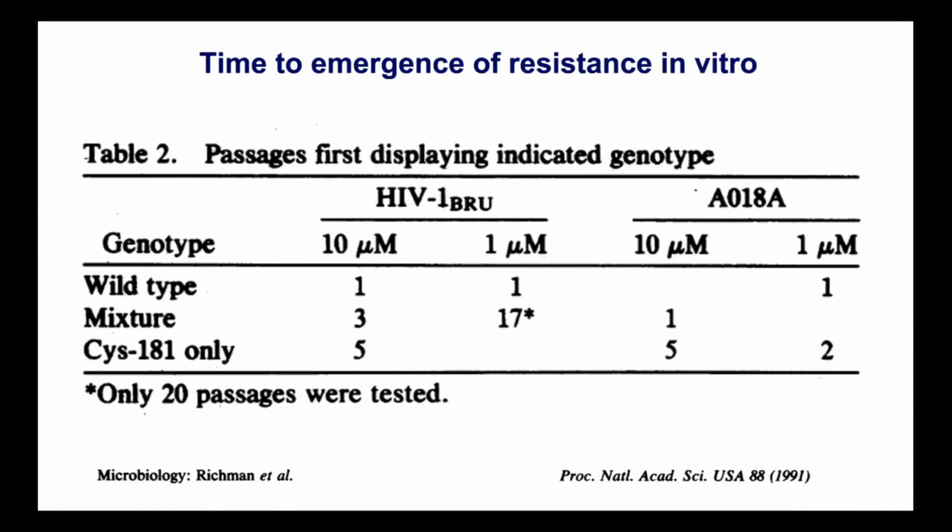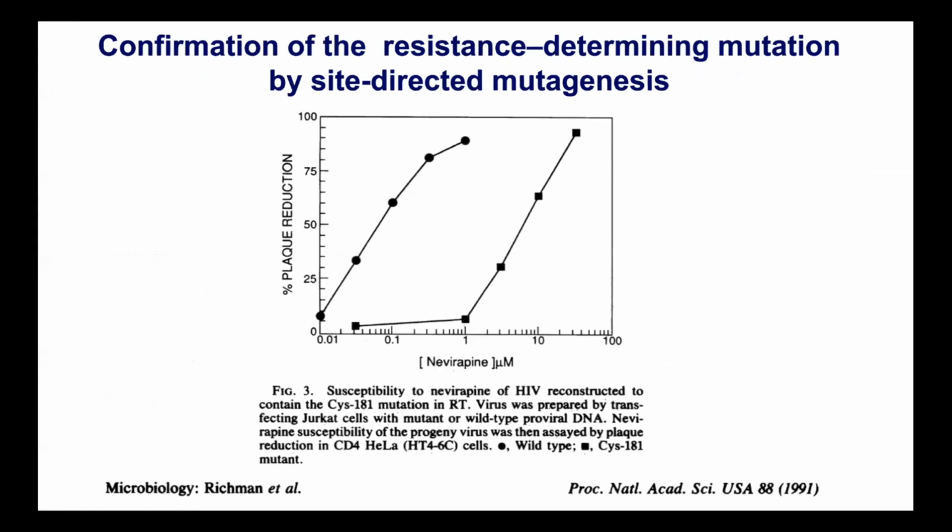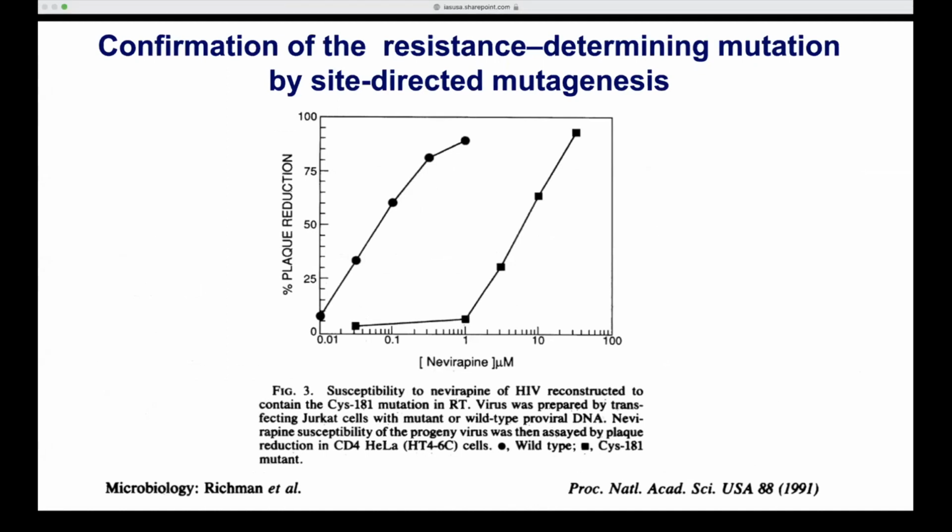And we showed that even after one passage in the presence of drug, you could find virus with resistance. And to prove that the mutation we saw was the cause, and it wasn't just random evolution and mutations, there was at least initially the 181 mutation in reverse transcriptase.